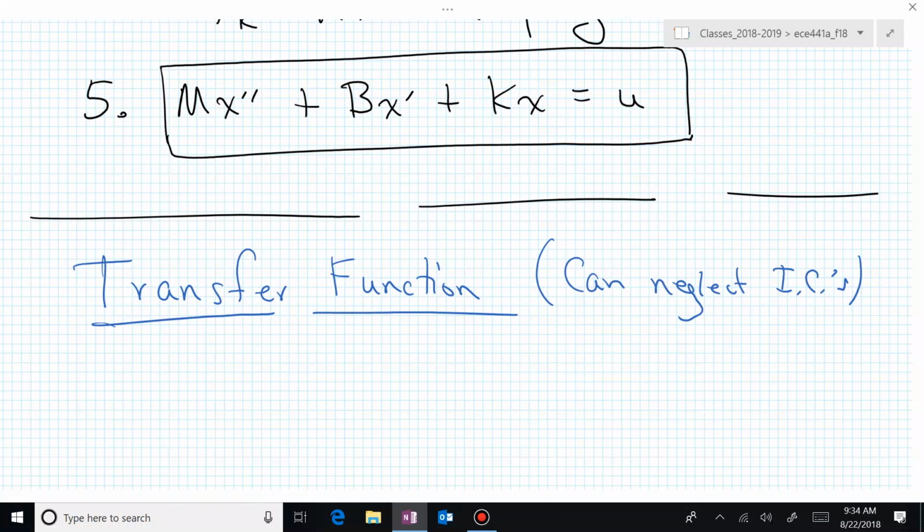What's the Laplace transform of equation 5? And just to make it different, let's flip-flop the sides. U is now on the left, the letter U, and the other is on the right. I don't know why, I just decided. So what's the Laplace transform of U of t?